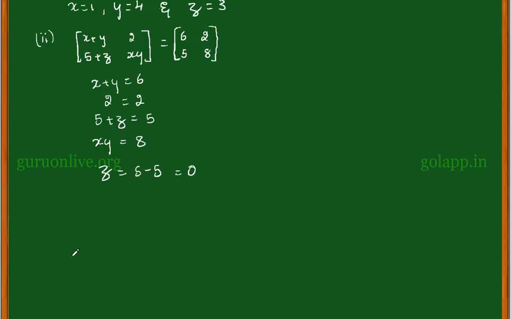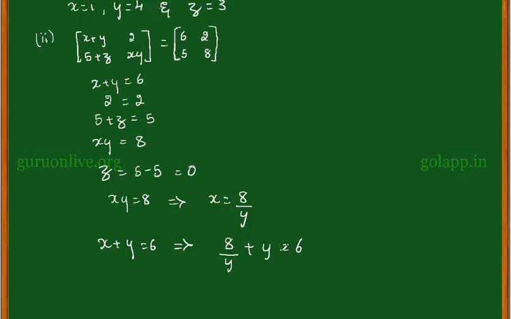Next we have xy is equal to 8. This implies x is equal to 8 by y. I have the equation x plus y equal to 6. I substitute the x value as 8 by y. That is 8 by y plus y is equal to 6. I take the LCM as y, so the denominator will be y.